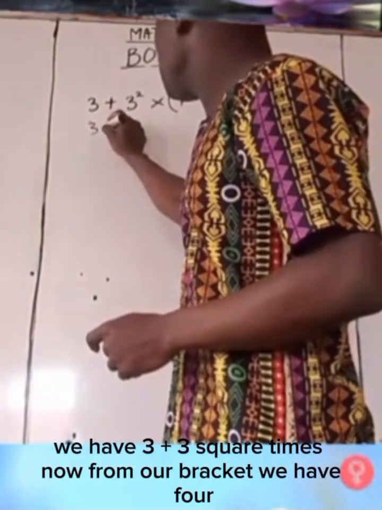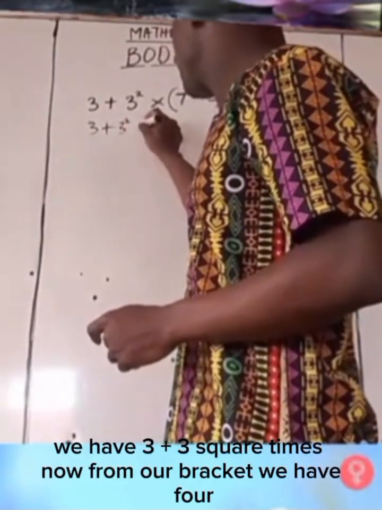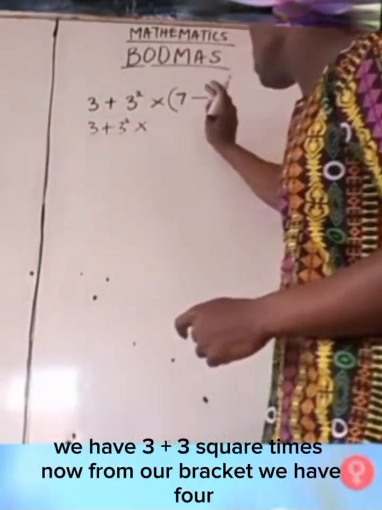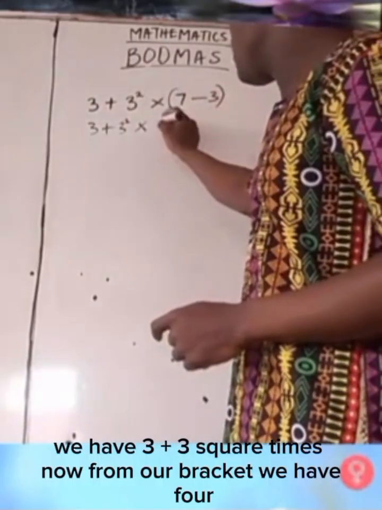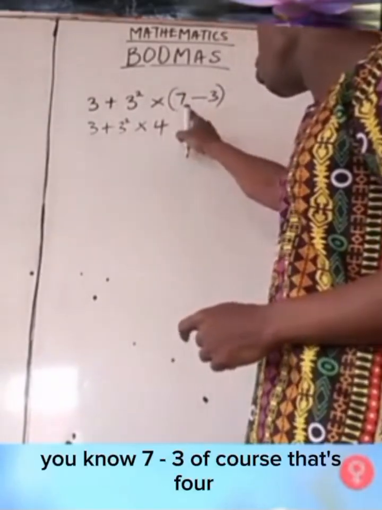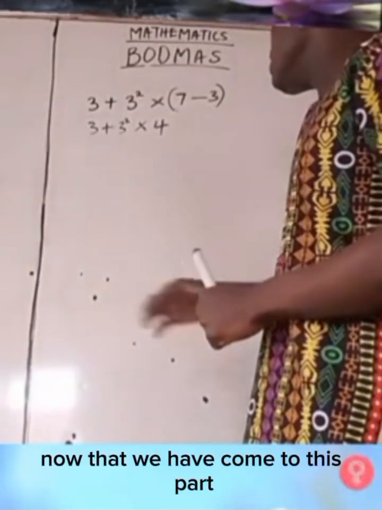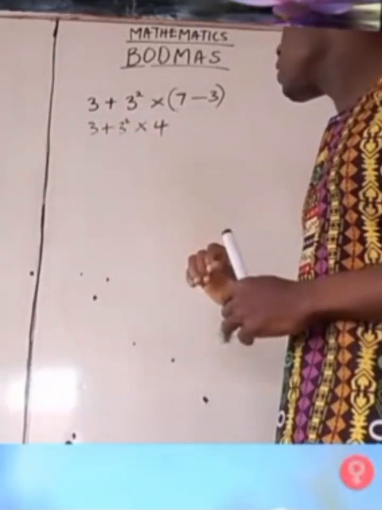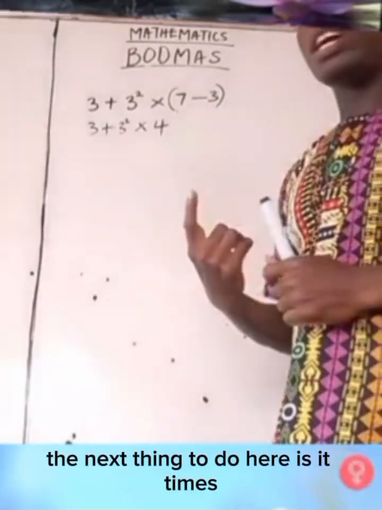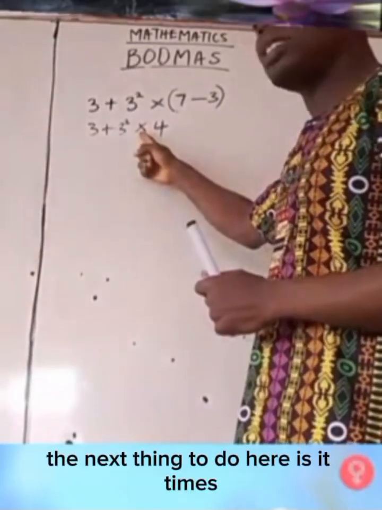We have 3 plus 3 squared times, and from our bracket we have 4. 7 minus 3, of course, that's 4. Now the next thing to do is it times.